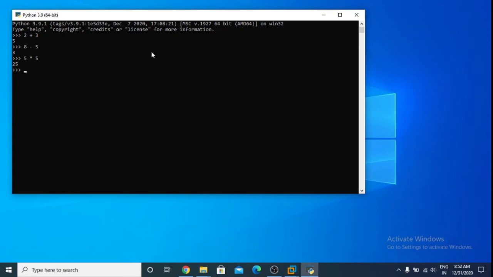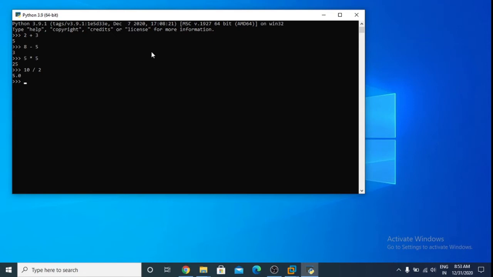So let's take any number like 10 divided by 2. So okay, 5.0 here, it gives point 0. So 5 is the integer value and .0 is the float value.